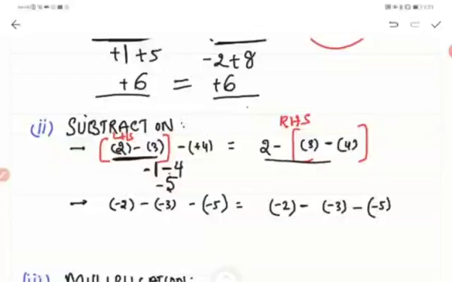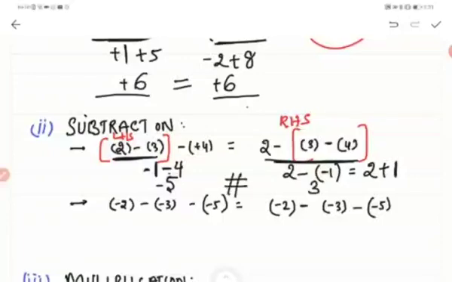Okay, let's calculate for the right hand side. It is 2 minus, in the bracket 3 minus 4 will give you how much? Minus 1. Okay, so 2 minus of minus 1 is nothing but 2 plus 1. So this will give you 3. So minus 5 is not equal to 3, isn't it?